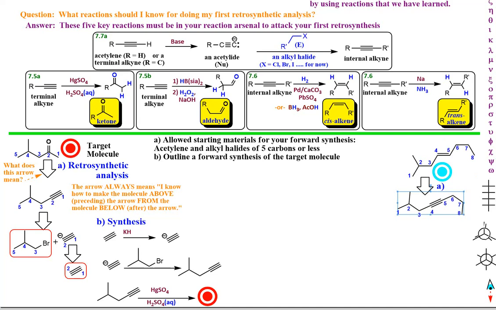Now the question is, where does this molecule come from? Well, we know how to make this bond or this bond, and it doesn't matter which one you show me how to make first, which would be last in the synthesis if you're thinking backwards. That piece comes from the anion being on the acetylide.